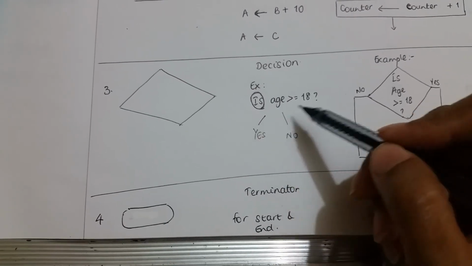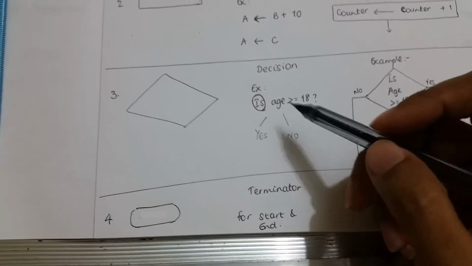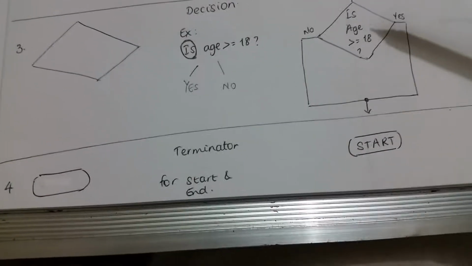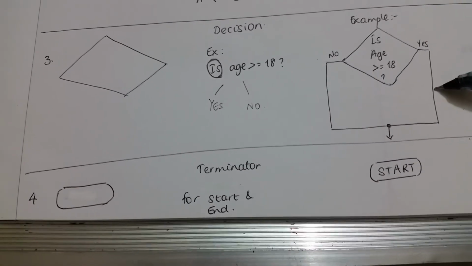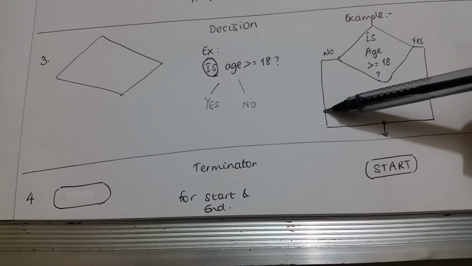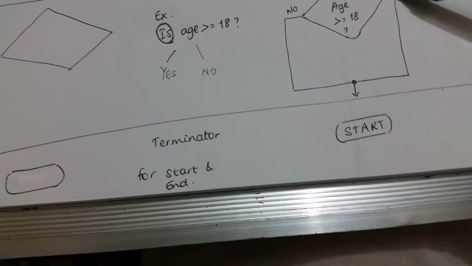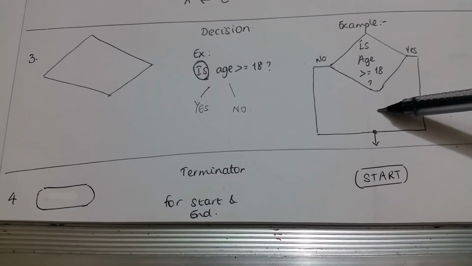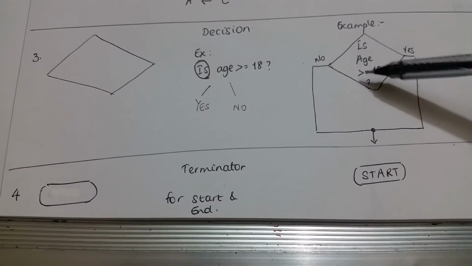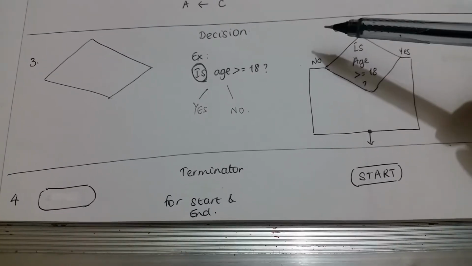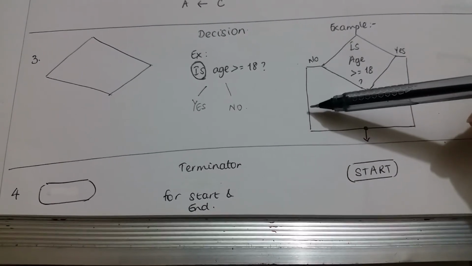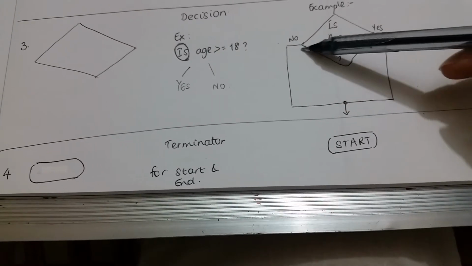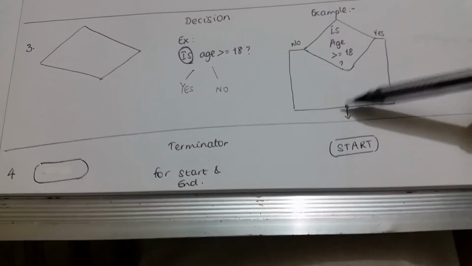Yes and no. So every decision box must have two outgoing arrows, the outgoing arrow yes and the outgoing arrow no. Now, you can have yes on this side, or you can have yes on this side, whichever side you want, but it must have two outgoing arrows, and it must have one meeting point where the no arrow comes and meets with the yes arrow.